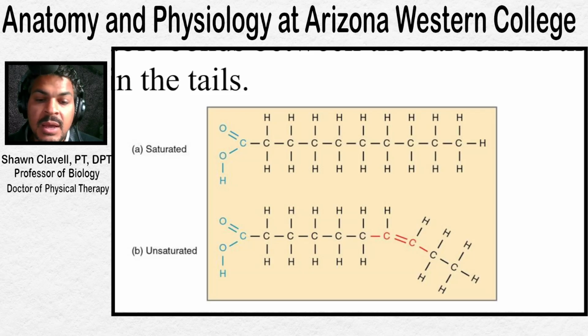Unsaturated fatty acids generally are liquid at room temperature and they have one or more double bonds. You can see there at the bottom where there's a double bond between the carbon atoms, and as a result, it gives it a twisted or kinked shape. These are plant oils like olive oil. These are unsaturated fatty acids.